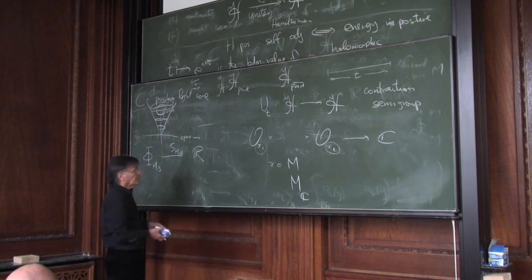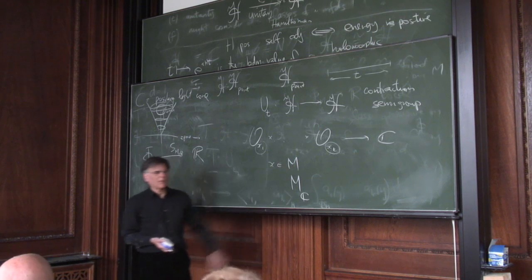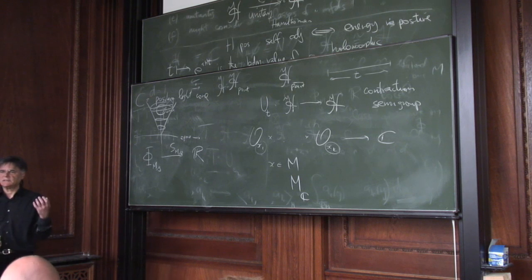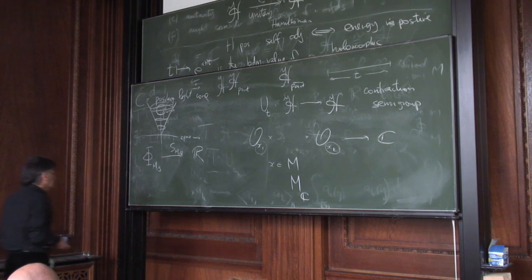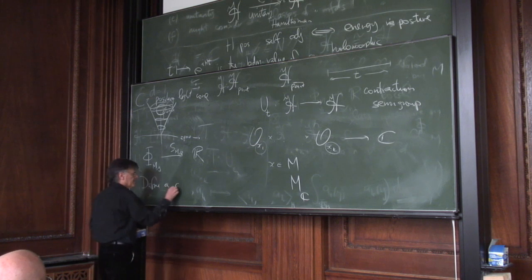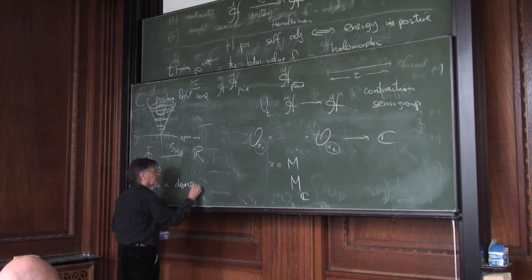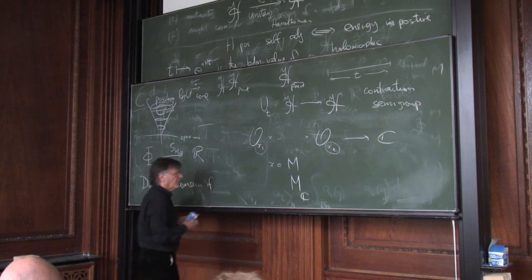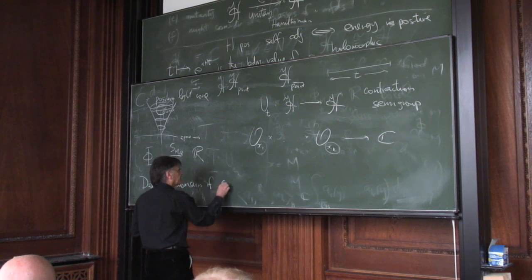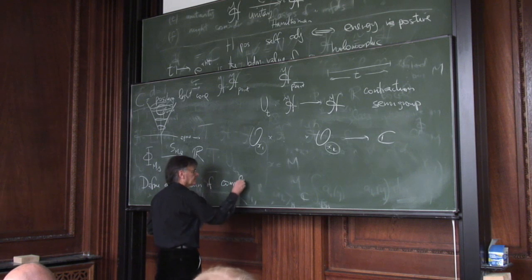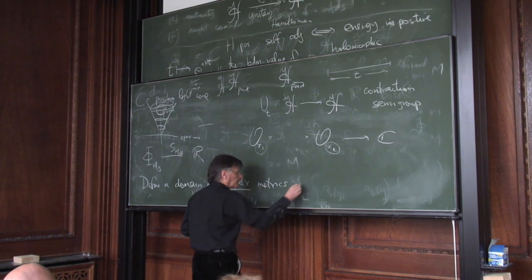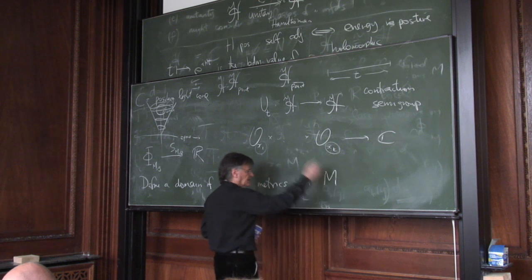So instead of changing the points of M, we want to keep the manifold M fixed. And what we want to change is its Riemannian structure. So what we want to do is define a domain of complex metrics on M. M is just as before.